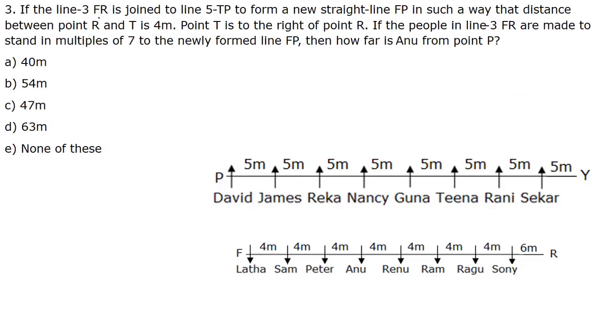If line 3, FR, is joined to line 5, TP, to form a new straight line FP. See here, friends, line 3 is FR, and it is joined to line 5, that is TP.